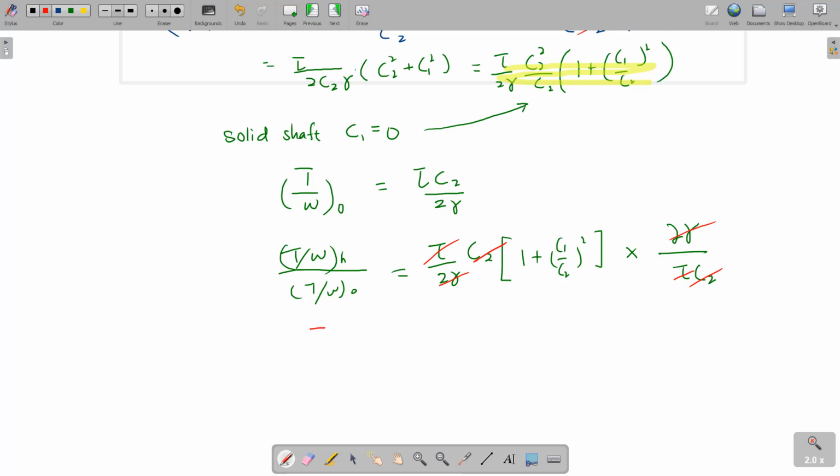That is to express the ratio of torque to weight per unit length of the hollow cross section to this solid, and it is equal to, okay, this is the final answer for this question number 13.